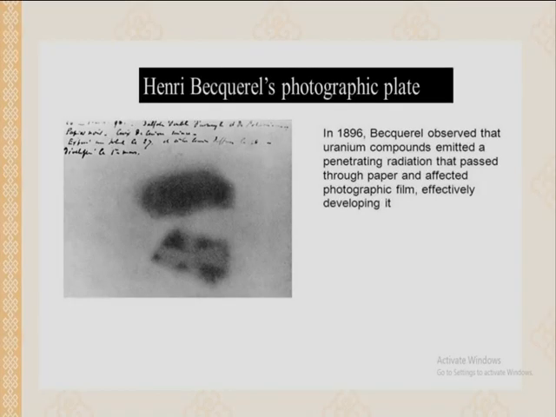From this, he came to the conclusion that the uranium salt, which was kept on the black paper, emitted invisible rays which penetrated through the black paper and finally affected the photographic plate.